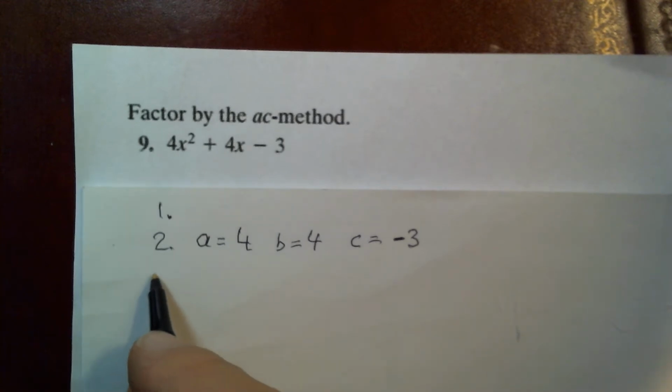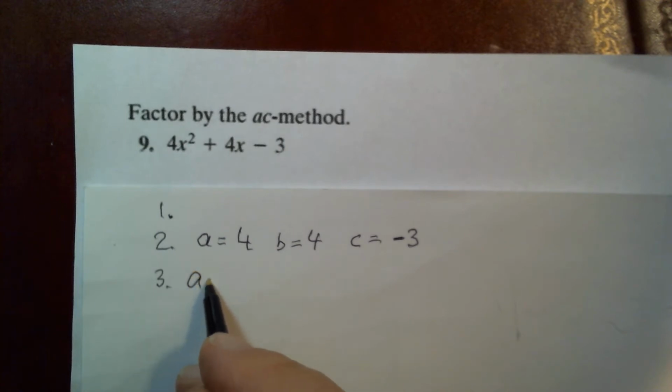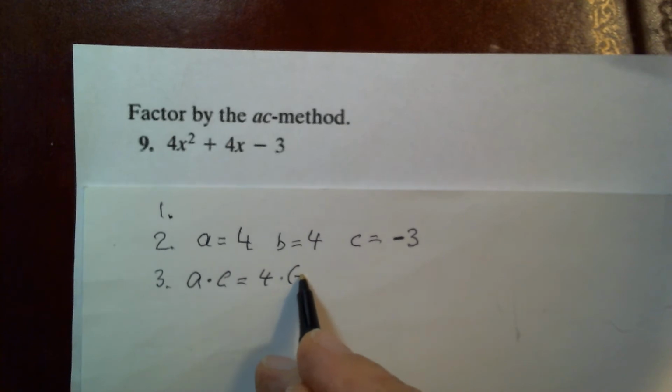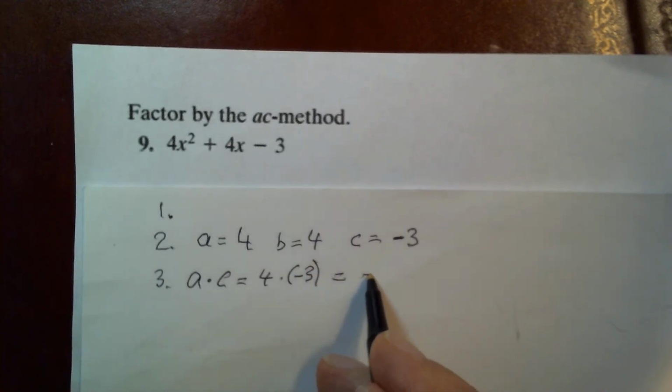So then step 3 was to compute the product of A times C, which would be 4 times negative 3, or minus 12.